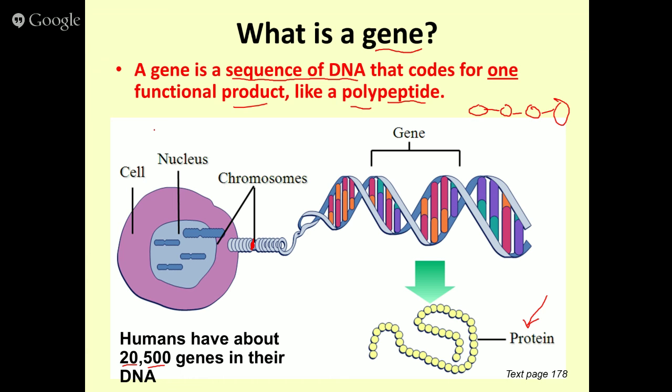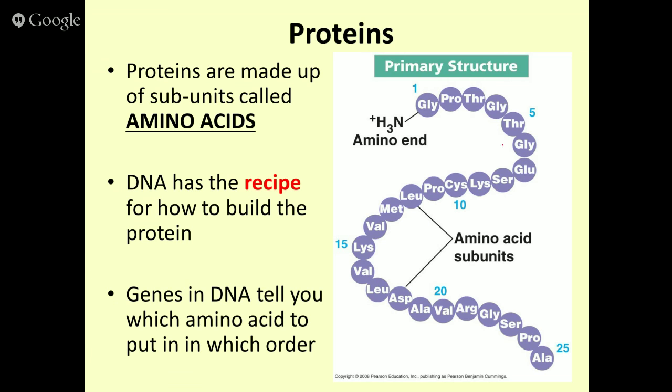So what your gene is, what this piece of DNA is, is a recipe telling you which amino acids to put in which order. So here, glycine, proline, threonine, glycine again. This recipe for which amino acid to put in which order was stored inside our DNA, which is inside the nucleus of our cell. So when we have a gene, we've got the recipe for how to build one product, one polypeptide, one protein. So the genes tell you which amino acid to put and which order to put it in.